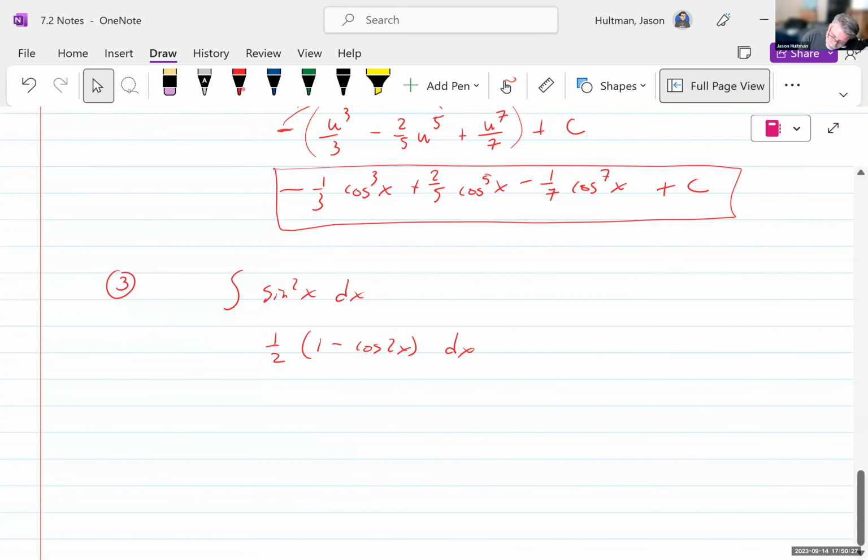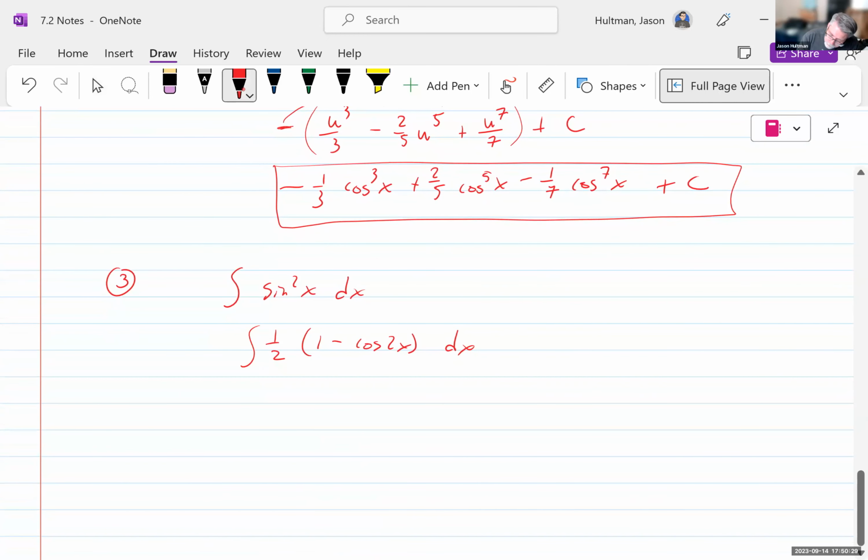And so we're going to integrate this guy. What I'm going to do is distribute the 1/2, make it a little easier on myself: 1/2 minus 1/2 cosine 2x dx. I could have pulled the 1/2 out in front. Maybe I'll do that instead, to get rid of that 1/2 right away.